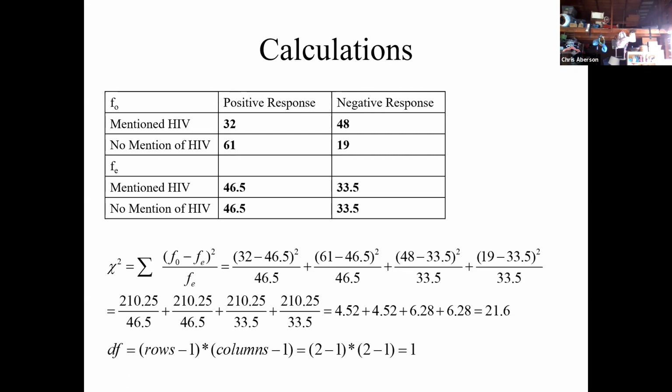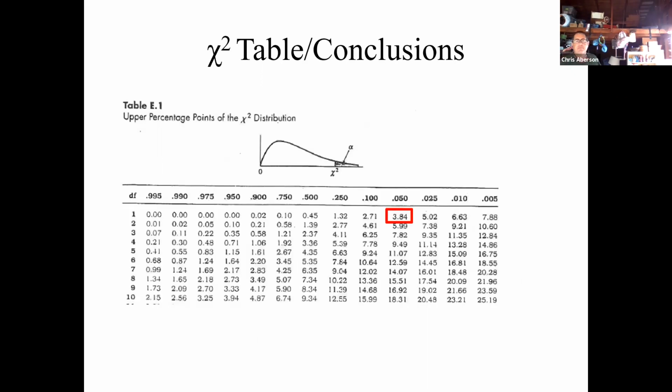Well, we've got to get our degrees of freedom. There's only 2 categories for each of these, so it's just going to be (2 minus 1) times (2 minus 1). And if we go to our chi-square table, the comparison value, if we were using that approach, would be 3.84. We were clearly way above 3.84, so we're going to be able to reject the null hypothesis.